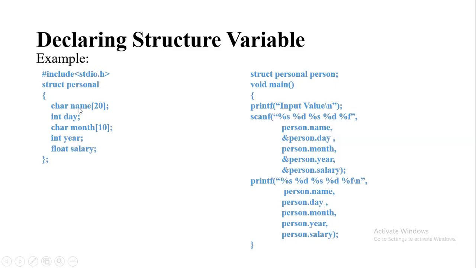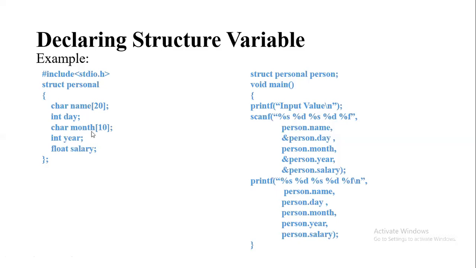Person.name. Then person.day is the day that particular person was born, first, second, third. Then person.month we can use to access the month. So this person was born in January, for example. That is a character or a string, so we have declared char month of 10.